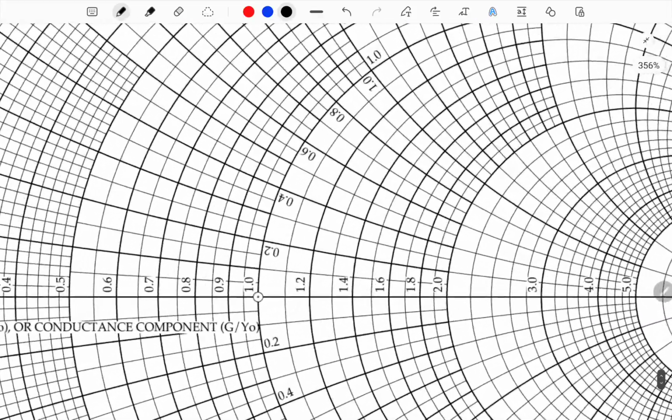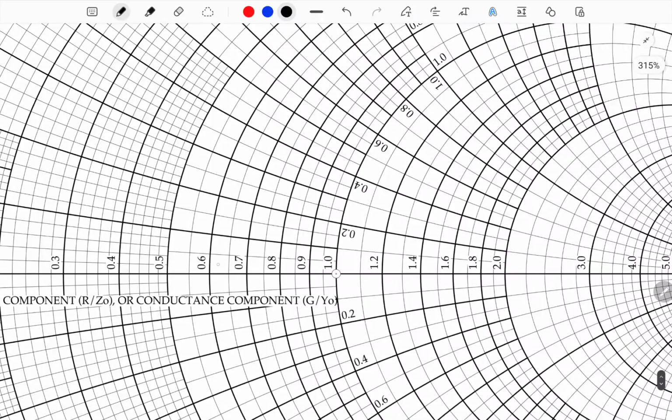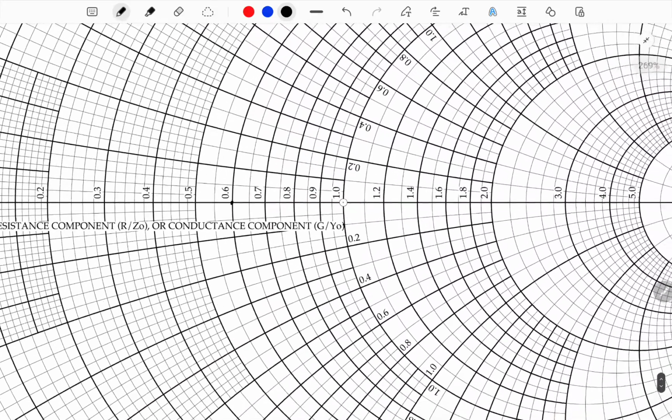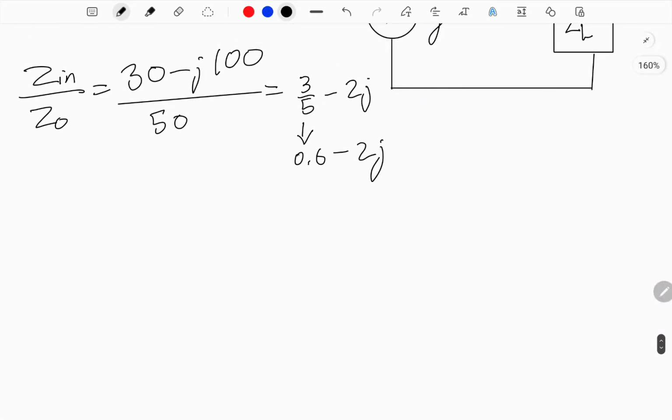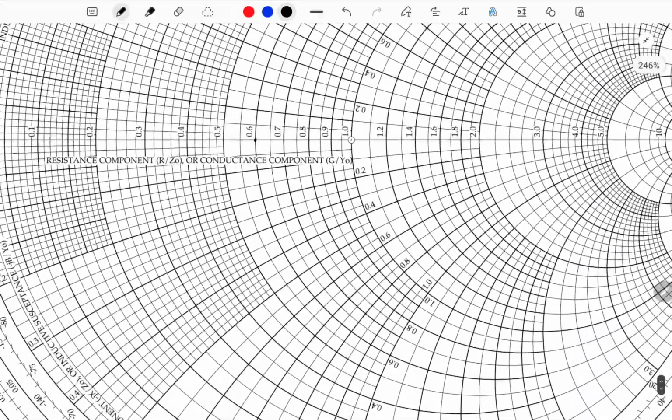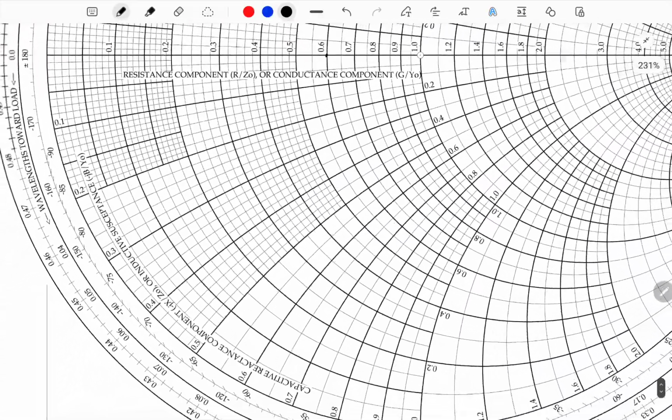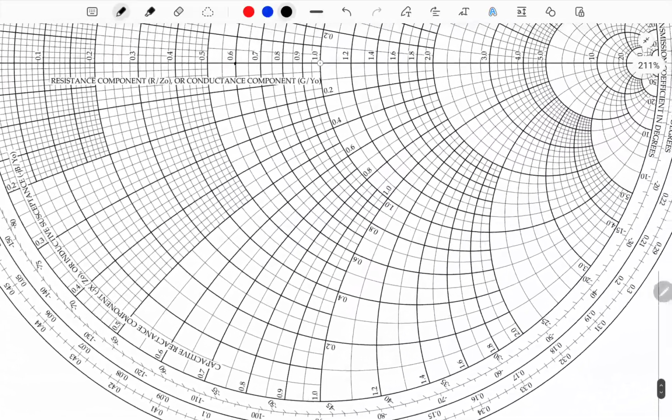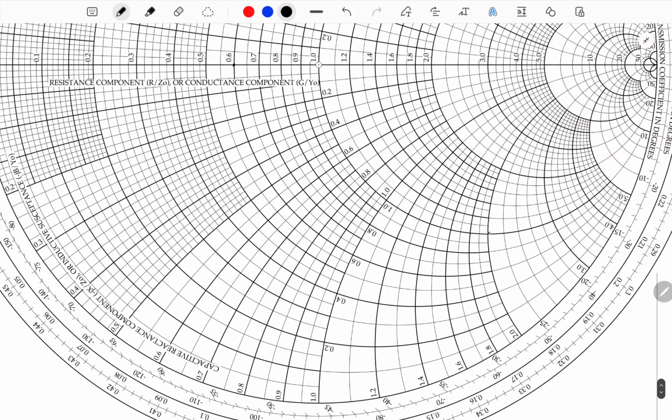So I look for 0.6, right here, and now look for 2. So 0.6, and then minus 2 is over there. It's going to be along this line, minus 2 right here.